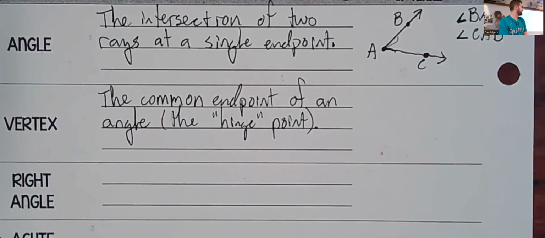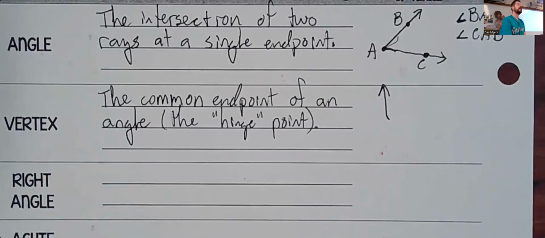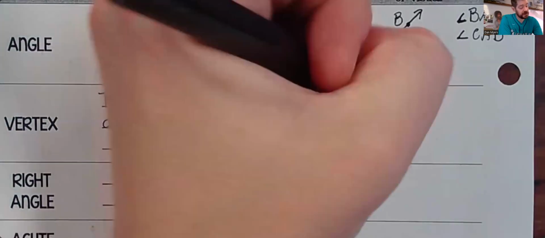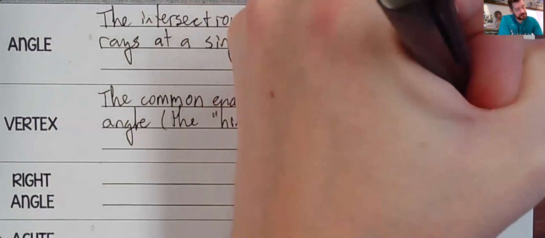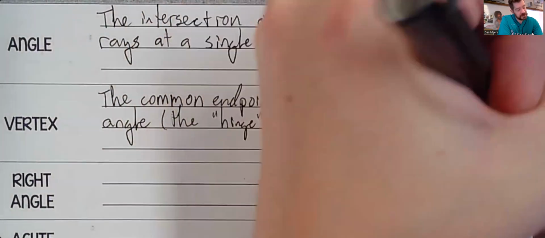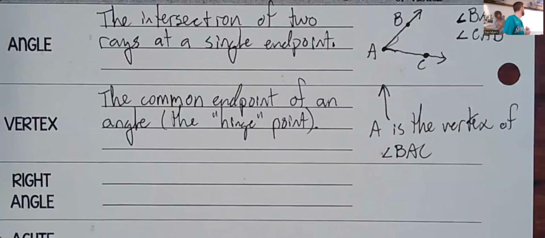So let's just reference our vertex from our definition of angle. Which of those 3 points is the vertex? A, yeah. So A is the vertex of angle BAC, or angle CAB, however you want to write it.